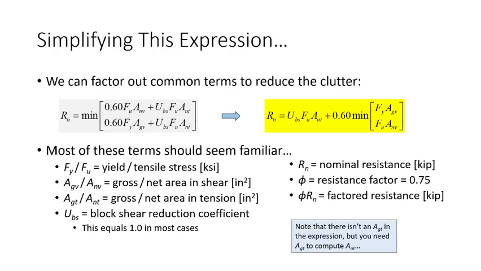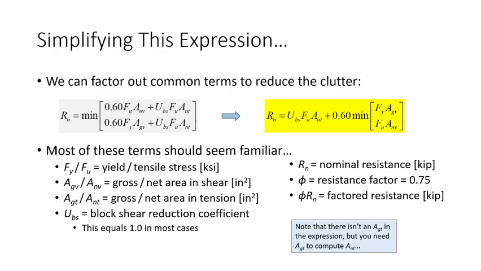First off, there is an FY and an FU. Those are the same that we've been dealing with this whole time. Now, there are a lot of area terms: AGV, ANT, ANV, and so on. Based on the notation, you can pretty easily discern what these are. If I say AGV, that's the gross area in shear. If I say ANT, that's the net area in tension.